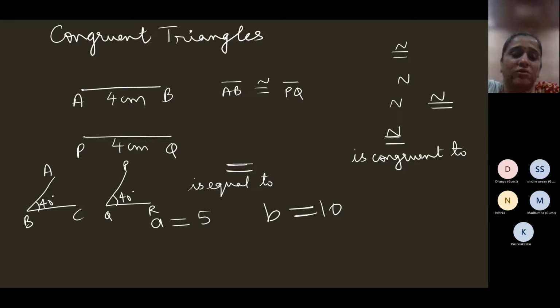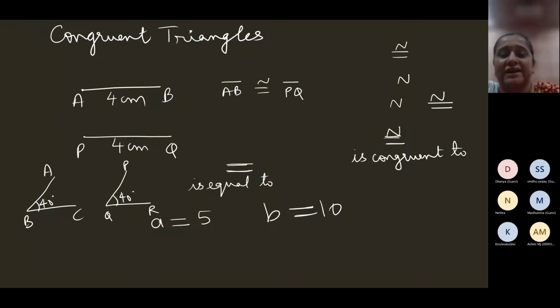Now, again, when we have angles, there's only one aspect for comparing. That is the measure or the magnitude of the angles. The magnitude of angle ABC is 40 degrees, and the measure of angle PQR is also 40 degrees. So since they have the same magnitudes, angle ABC is congruent to angle PQR.